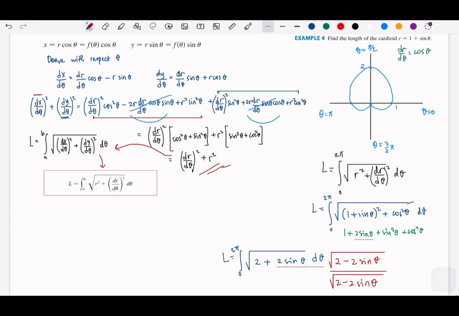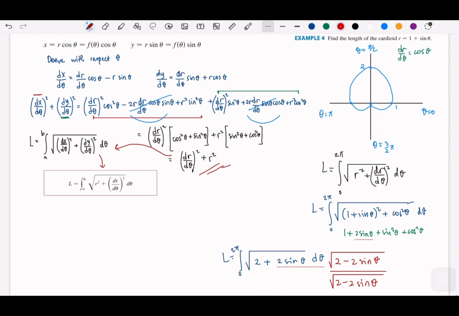And then the square root will be, you can practically see, 4 minus 4 sine squared, okay? And then 4 minus 4 sine squared is basically 4 cosine squared. So you can remove the square root after some calculations from here.